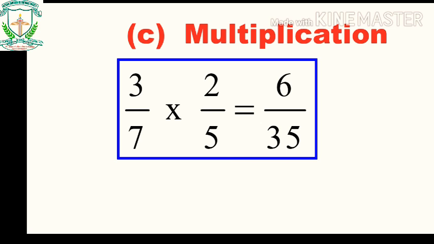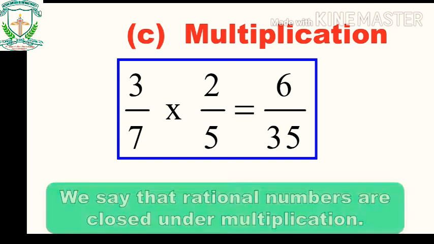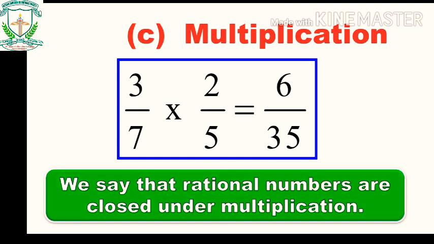When we multiply this, we get 3 by 7 into 2 by 5, that is equal to 6 by 35. In multiplication, we can directly multiply the two rational numbers. So, multiplication of two rational numbers is again a rational number. So, closure property holds good in case of multiplication, or we can say that rational numbers are closed under multiplication.